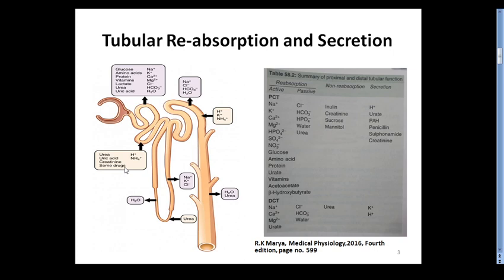So penicillin is given with the drug probenecid. Probenecid basically stops its secretion into the renal tubules so that its optimal concentration can be obtained in the plasma to get the efficacy of the drug. Other drugs like gentamicin, tetracycline and sulfonamides are also secreted into the PCT part and are nephrotoxic.